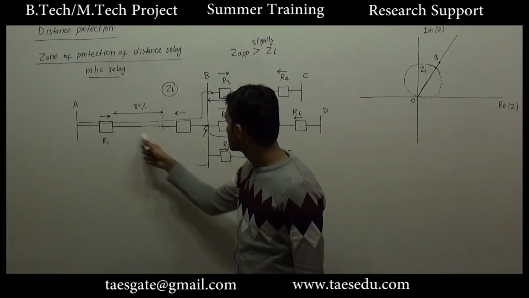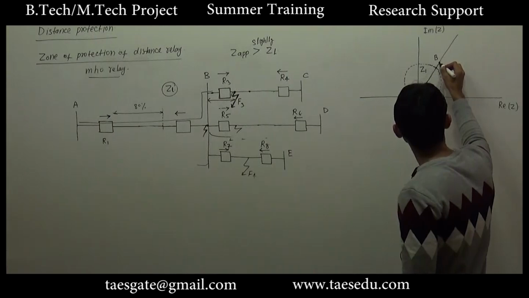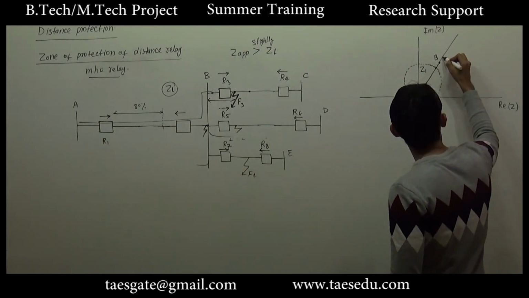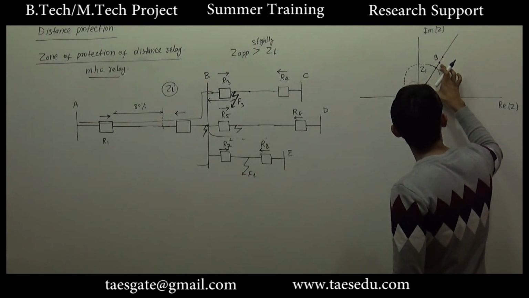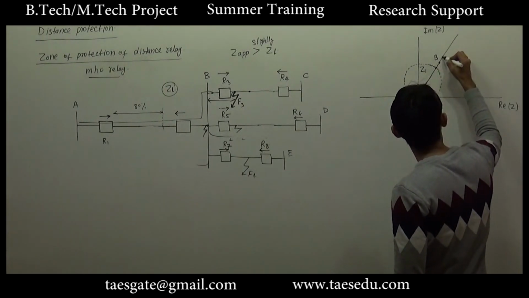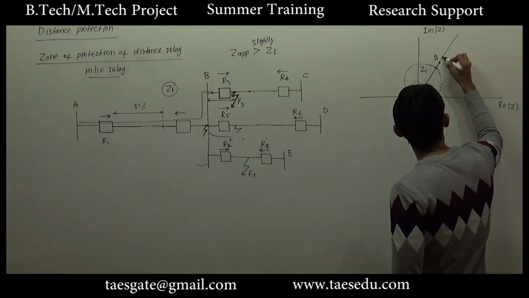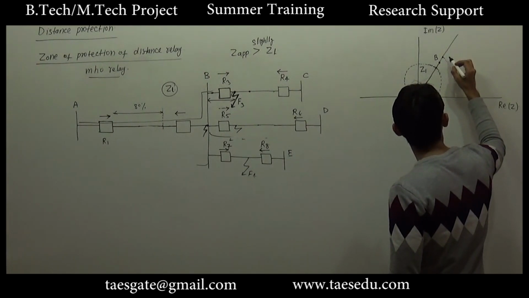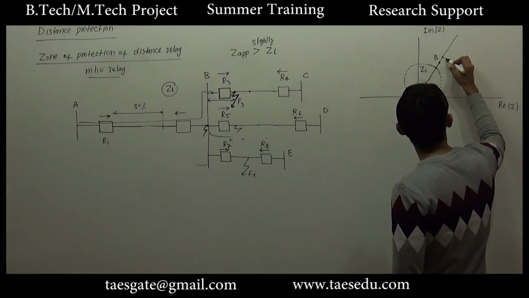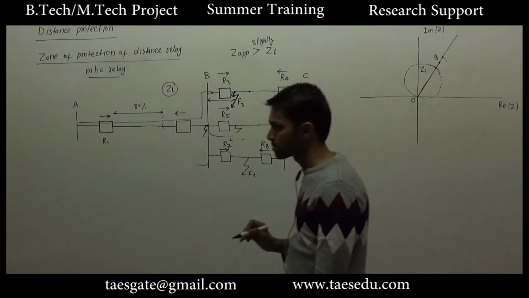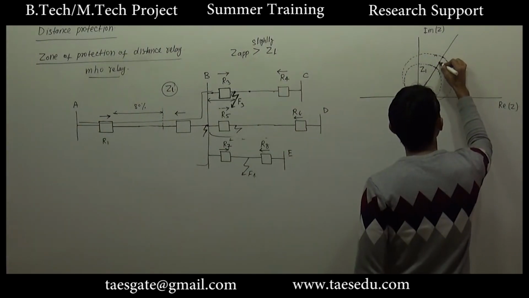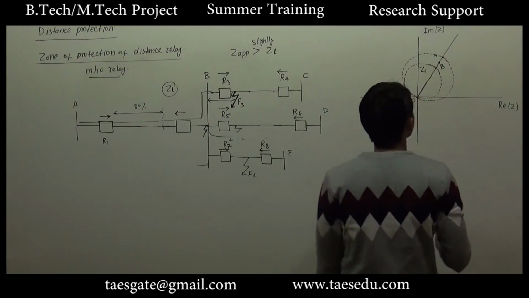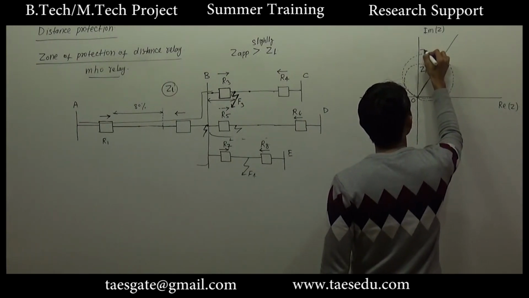This total impedance is represented by point B. So we have to draw a point which is at 120% of OB. So let's say this length is 120% of OB. So this is the reach of Z2. This point is B. This is Z2.